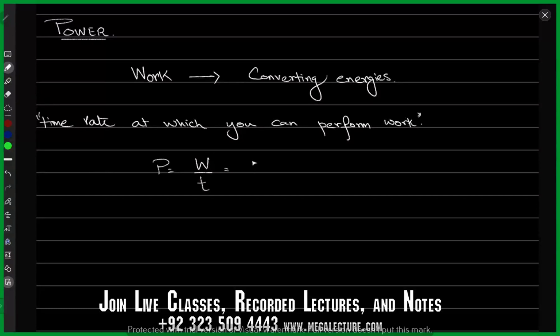And work done is just converting energies, so you can write this as E over T as well. So this is work done, so I'll write WD. And power is then measured in joules per second. So how much energy is used, converted, or how much work is done as every second passes. This is also called or redefined as watt, right? Watt. It's a unit for power.